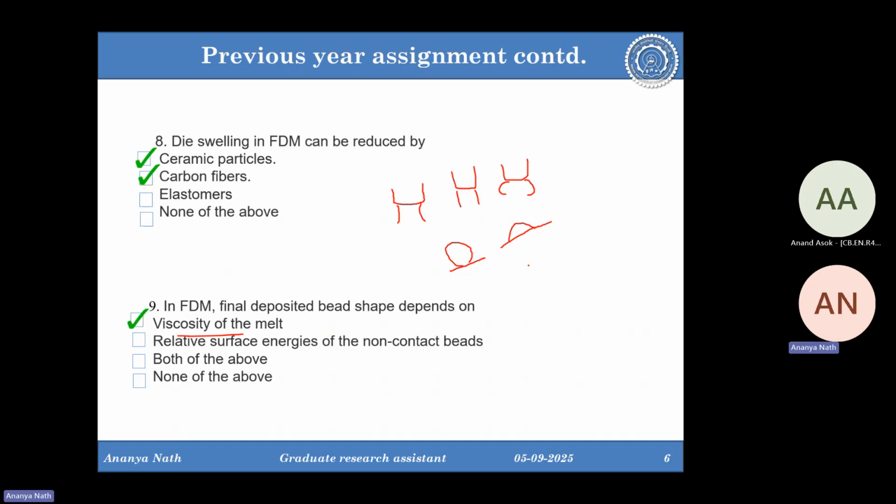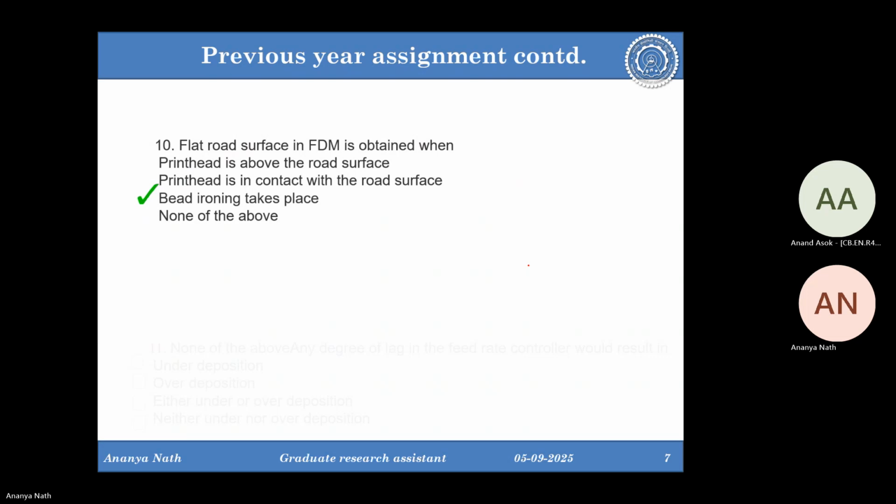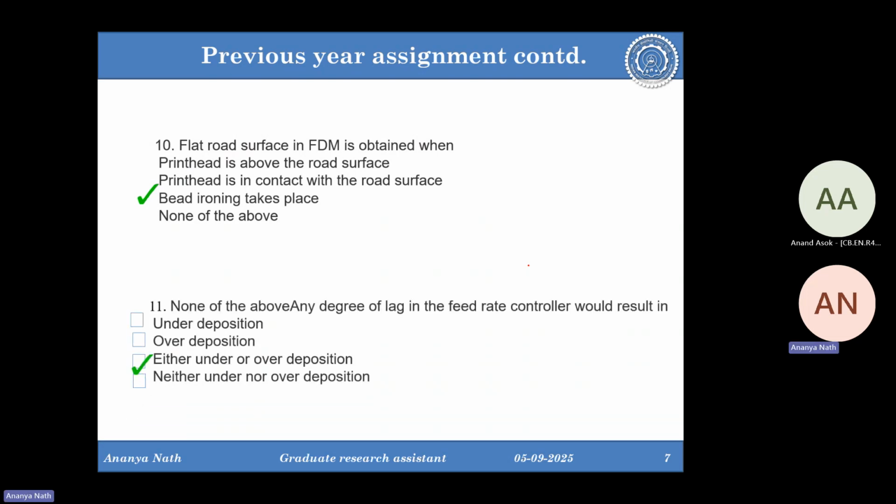Next, okay, die swelling in FDM can be reduced by ceramic particles and carbon fiber, mixing it with the powder with the wire. Then the flat road surface in FDM is obtained when we do the bead ironing.